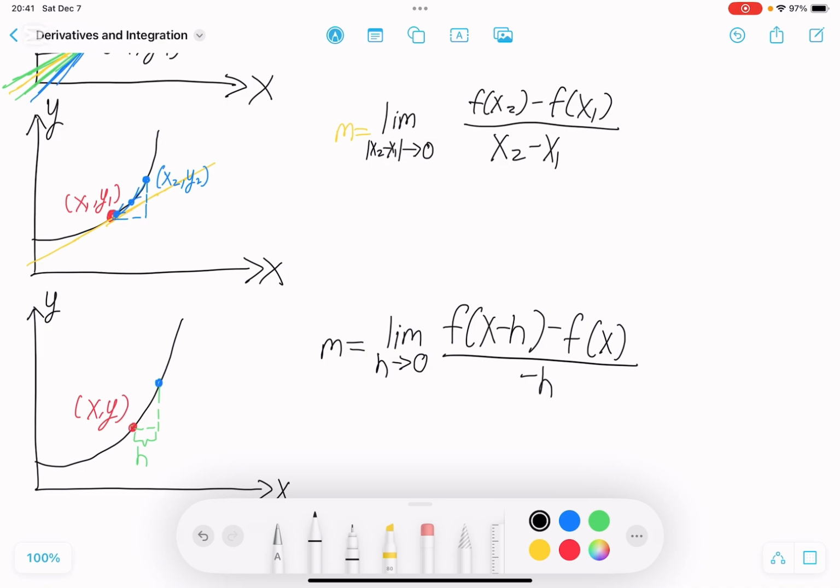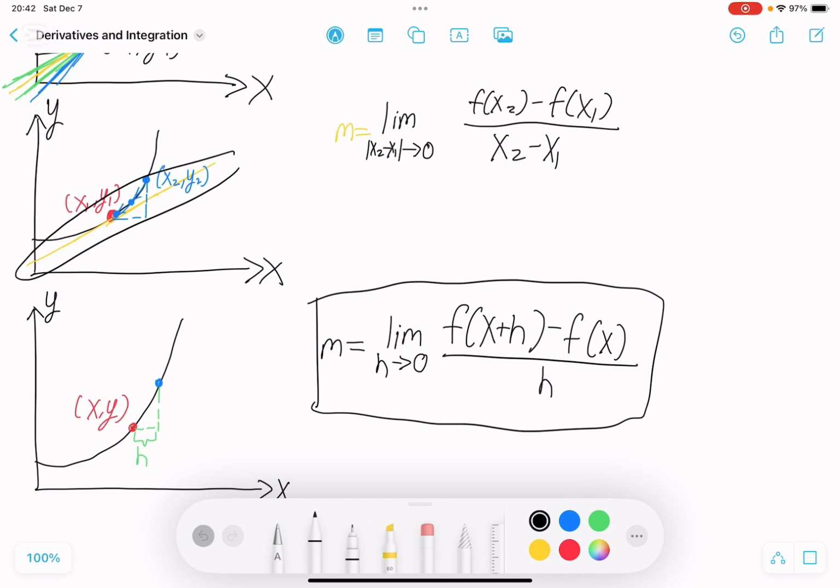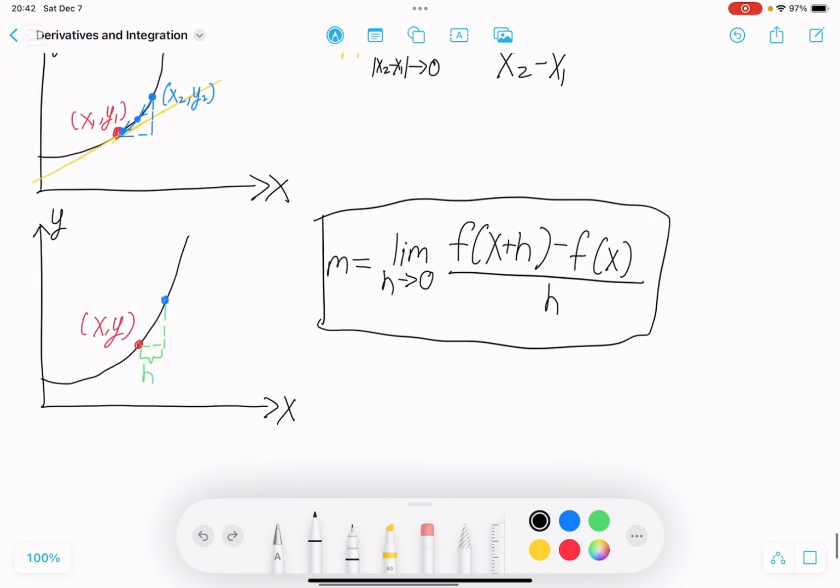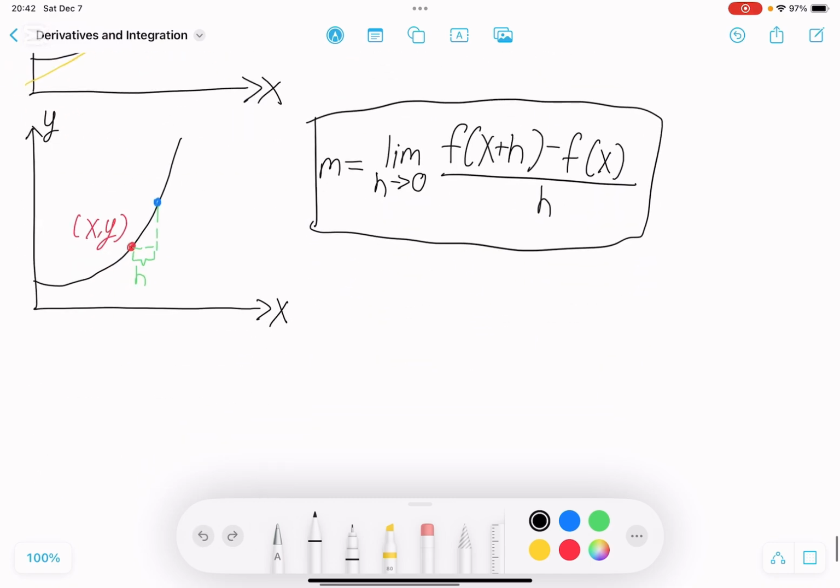Or in other ways, you can write this as f of x plus h minus f of x over h. So both ways work. So this is the definition of a derivative, or the formal equation for derivative. In simple terms, it's just the slope of this yellow line over here, which is tangent to the graph at the red point.